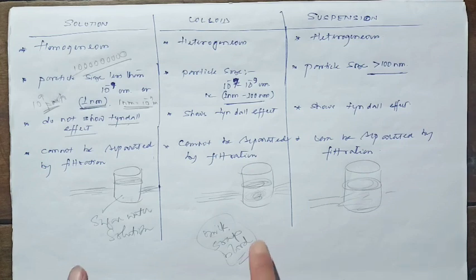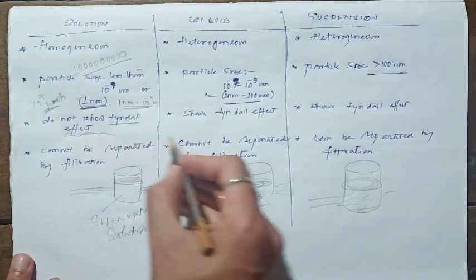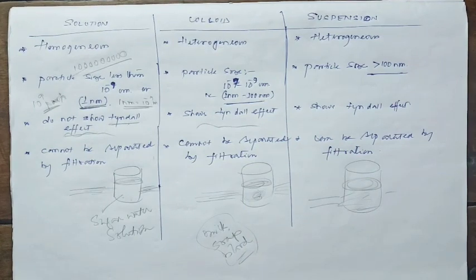Students, this Tyndall effect is the one property that can distinguish solutions and colloids. Of course, a solution is a homogeneous mixture and colloids are a heterogeneous mixture. But solutions and colloids have a property so similar that a colloid appears as a solution.